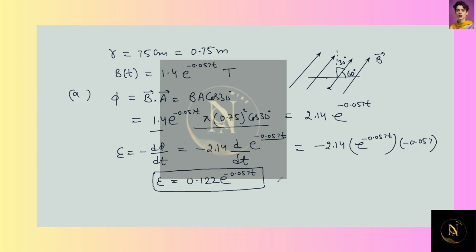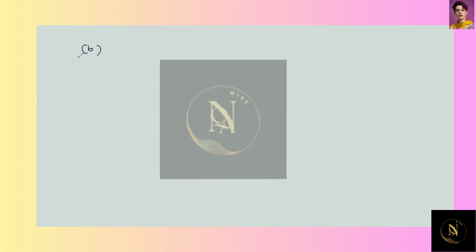Now, in the second part of the problem, we have to find the initial EMF induced in this coil. If we look at the initial moment, the time comes out to be 0.